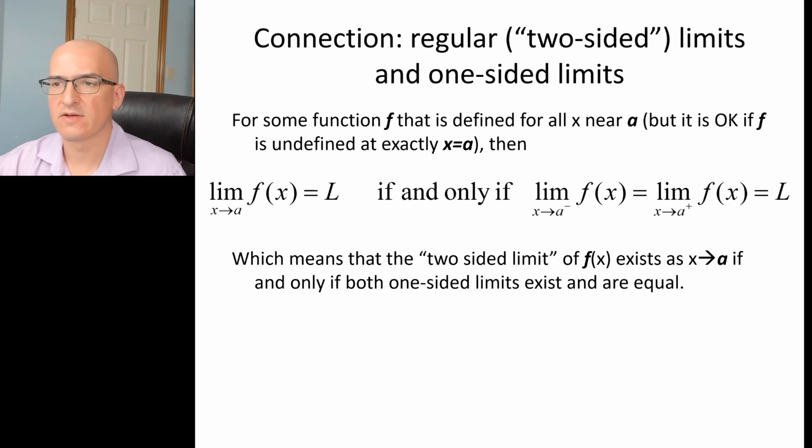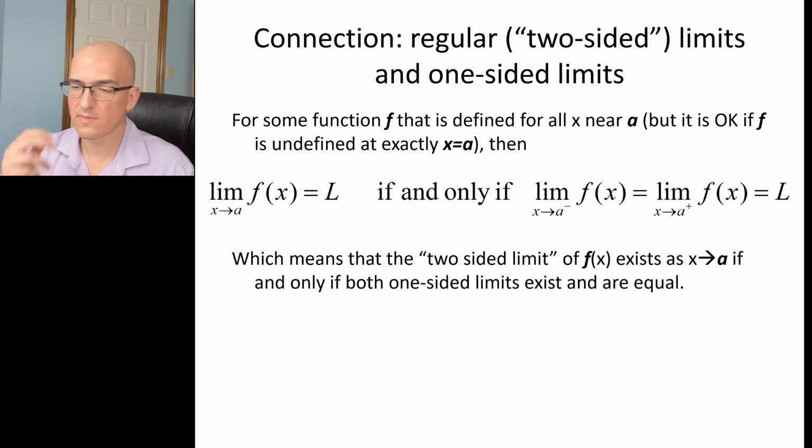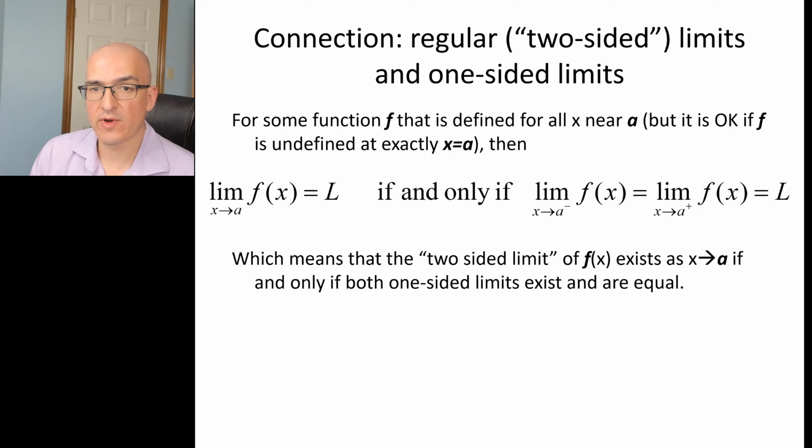Oh, I'm getting ahead of myself. Sorry. So this is just to talk about one of those two properties, not both of them, just the first of the two properties we will need to define continuity. We will need the two-sided limit to exist at a point for the function to be continuous at that point, but that's not enough.